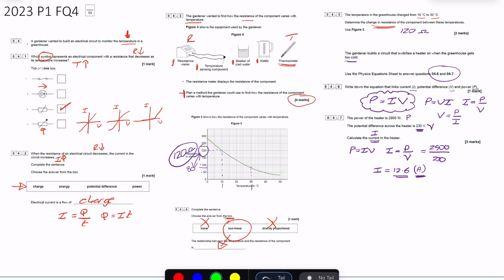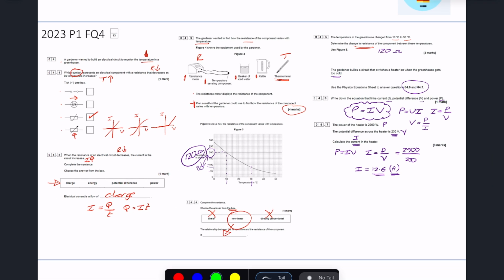We needed to know directly proportional is a straight line that goes through the origin, and therefore we knew that that was non-linear. We needed to know how to look at a graph and take information from a graph. So you need to practice those kind of things. We needed to know an equation, and we needed to know how to use it and rearrange it. So we needed to know quite a lot, but that's a good chunk of your electricity unit and the sort of things you needed to know for those.